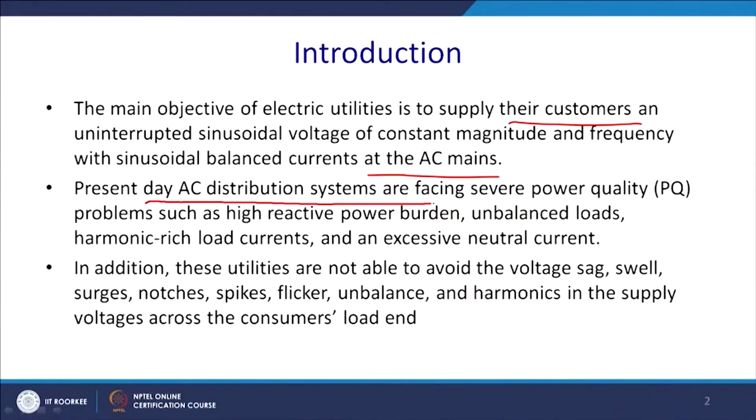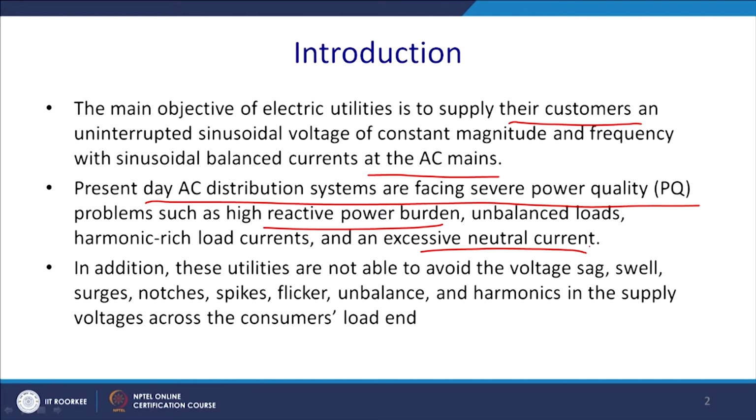At present, AC distribution systems are facing several power quality or PQ problems such as high reactive burden, unbalanced loads, harmonic rich load currents and excess neutral currents. All are dominating features that decrease the power quality to the consumers.